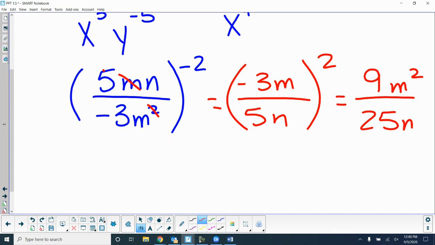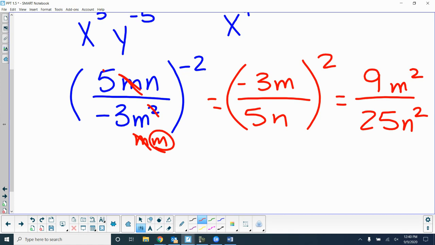n squared. Derek, question? Why did the M cancel out the 3? Remember, m squared means 2 of them, right? So this one cancels one of them. I still got that one left. So I just got rid of the exponent. There's still an m. Hannah. Can you just put it in the parentheses? What do you mean by that?